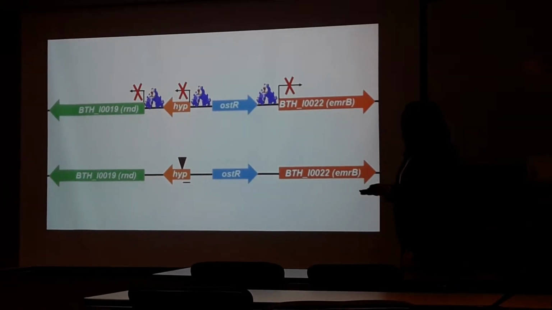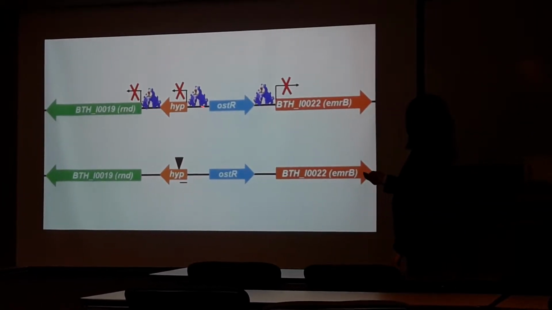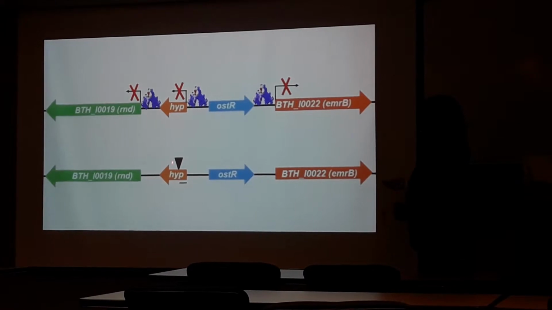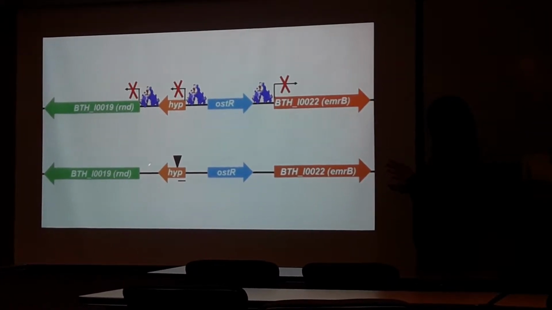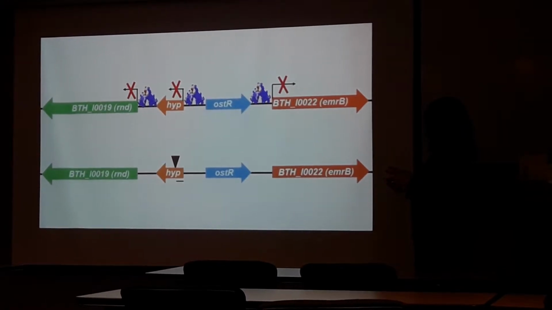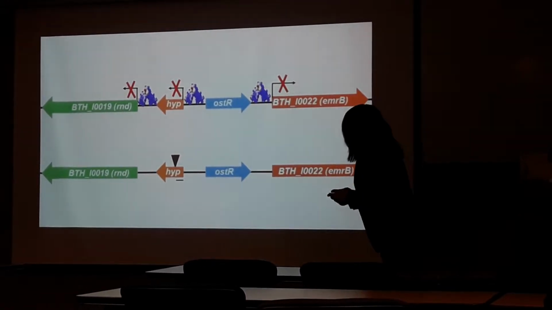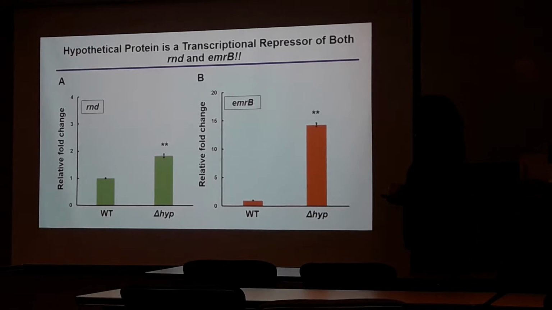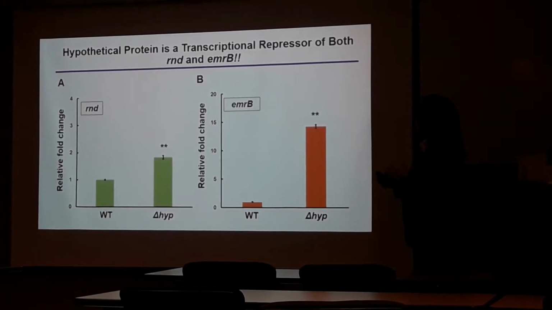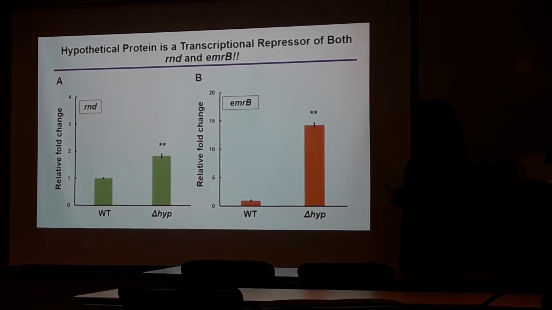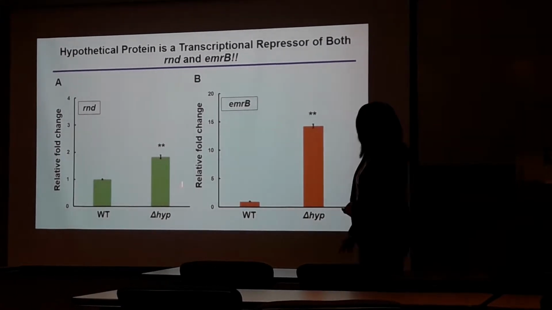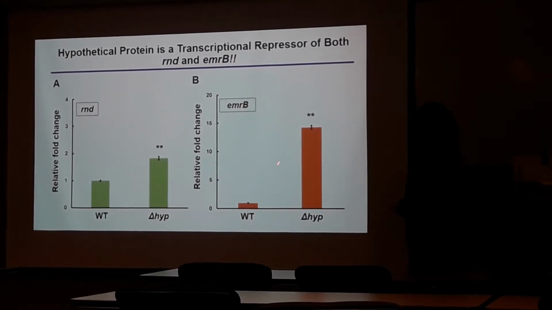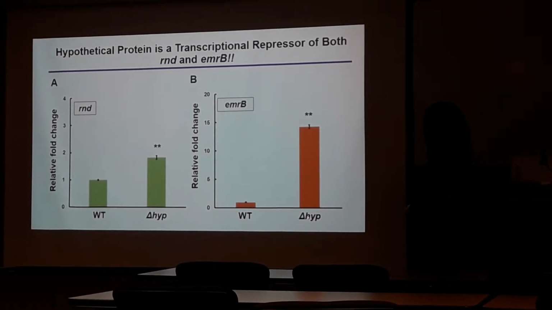So what we did, we obtained a HIP transposon mutant, where the transposon started at position 140 of the open reading frame. We verified this one, and then we measured RND and EMRB expression in delta HIP. And as we're seeing here, RND is upregulated approximately 2-fold in delta HIP, whereas EMRB is upregulated approximately 14-fold in delta HIP.